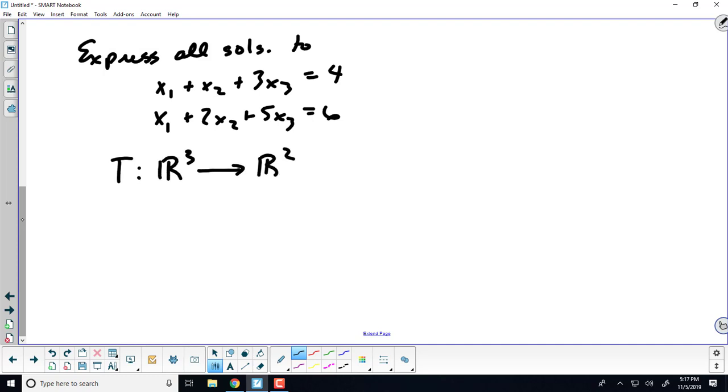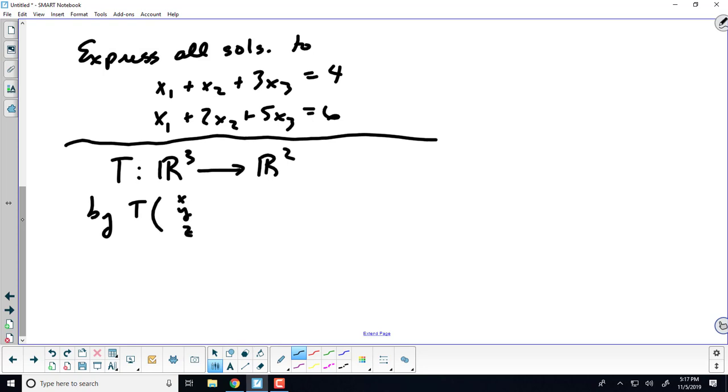So this is our answer. Okay, by T of X, Y, Z gets mapped to... well, I don't want to write like that. Let's just give the matrix.